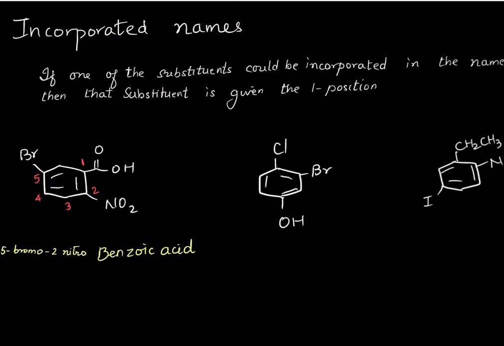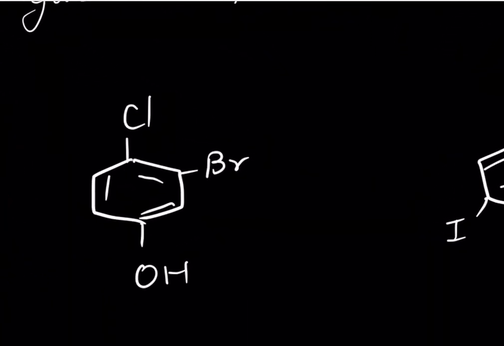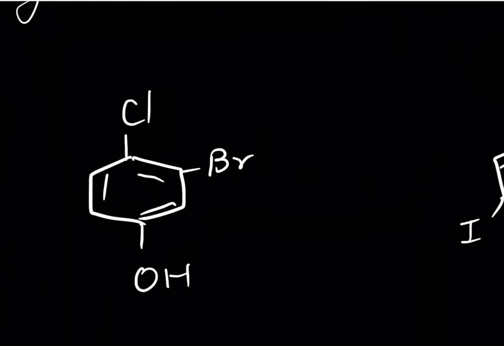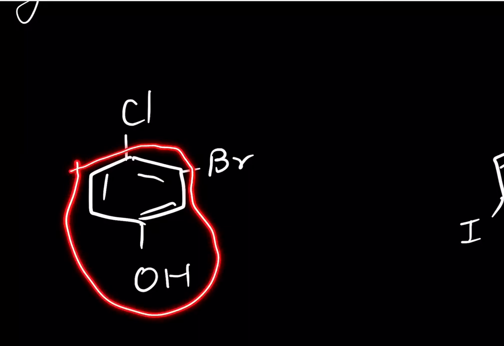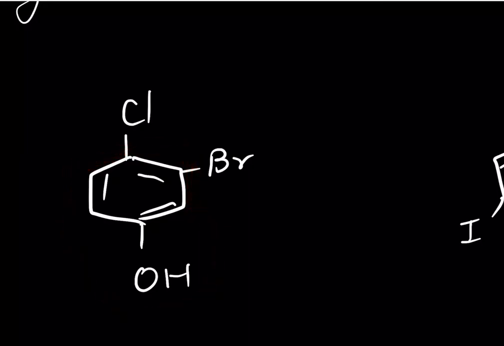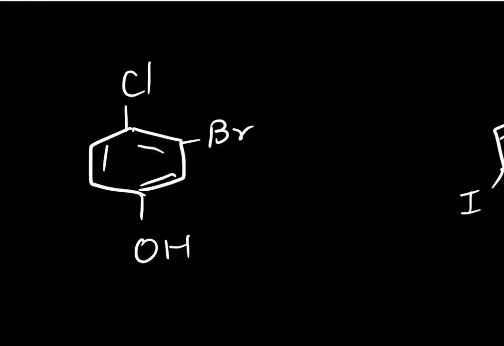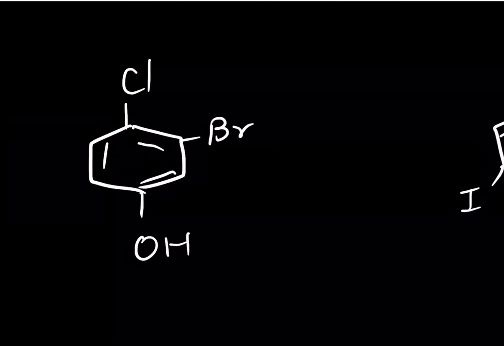Okay, now let's go on to the second compound. Okay, so what is the incorporated molecule in this one? So it's right here. When you have an OH group present on a benzene, it's actually called phenol, right? So this is going to be position number 1.